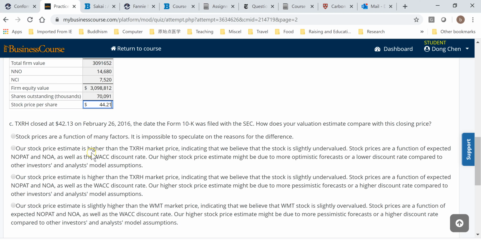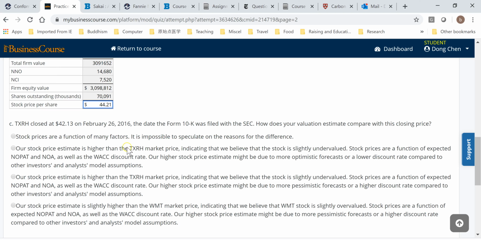All right, so part C. The price actually closed at $42.13. So our estimated price is slightly higher than the actual price on that day. How does your valuation estimate compare with this closing price? Obviously, this is a little bit higher. The first option says stock prices are a function of many factors and it is impossible to speculate on the reason for the difference.